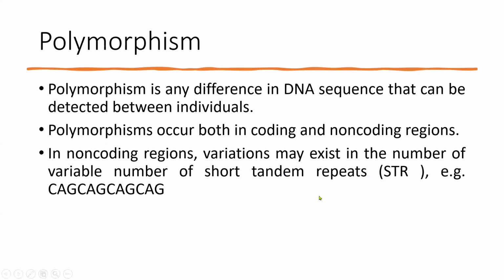Now, there is a big word. It's polymorphism. Polymorphism is basically any difference you can detect between the DNA of individuals. Okay, so if you look at your DNA, you look at my DNA, any detectable difference between the two samples is a polymorphism.